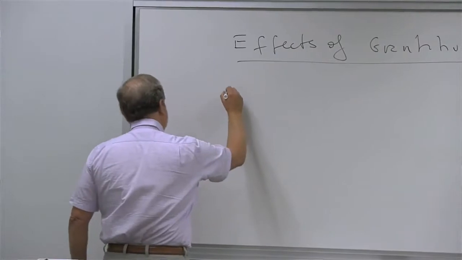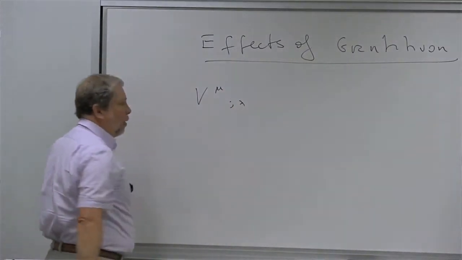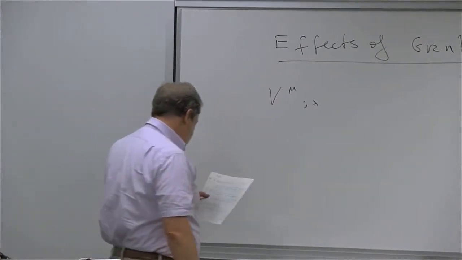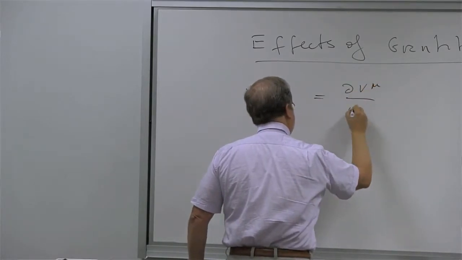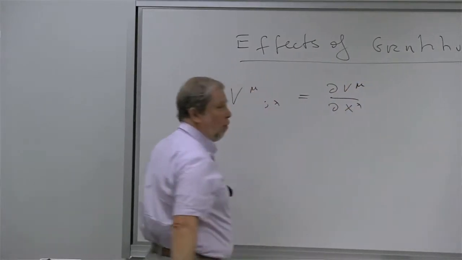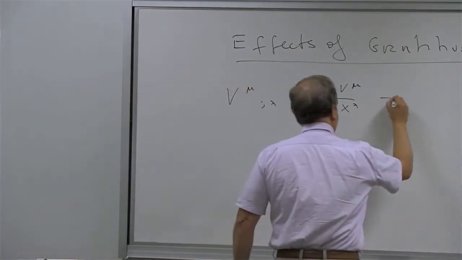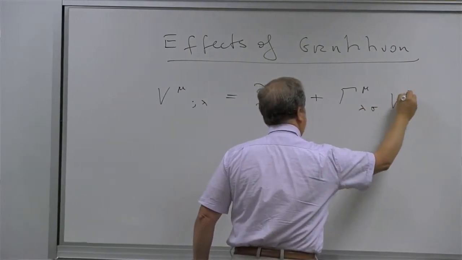So one of the ingredients, as I said, is that we learned that the right way to take derivatives is through this covariant derivative. This is the ordinary derivative of a vector with respect to the coordinate, and then we add another piece, and that piece involves the affine connection.